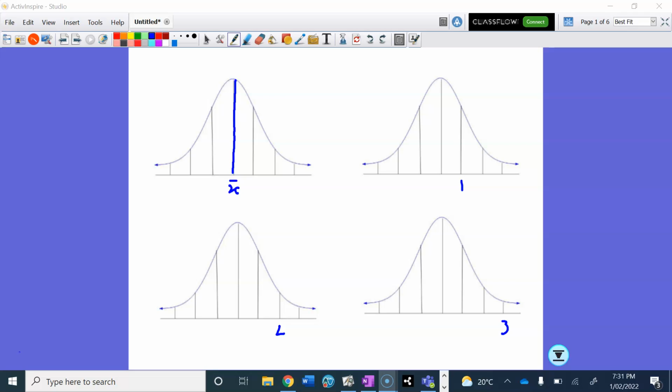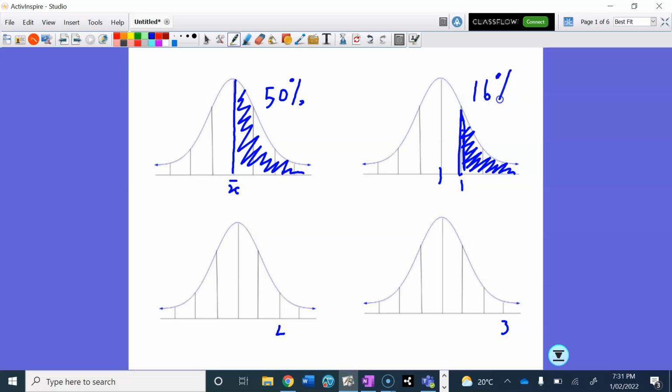The first value you need to remember is that on a graph from a group of data, 50% of the data falls above average. In terms of where the mean is, 1 standard deviation above the mean represented on the graph would represent 16% of the population.